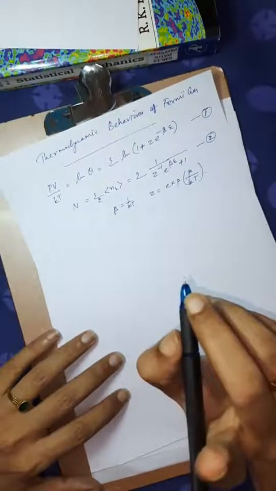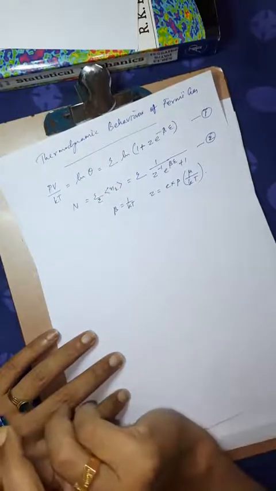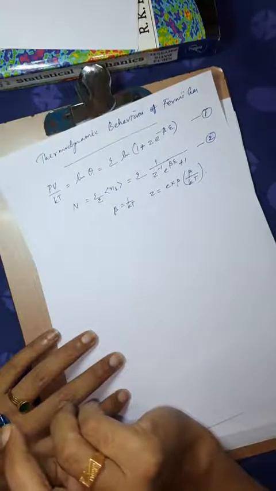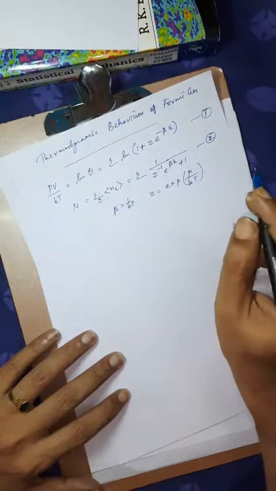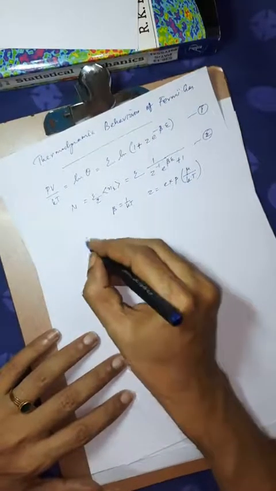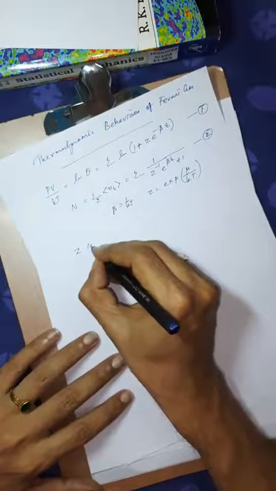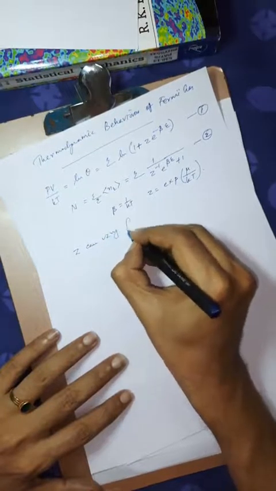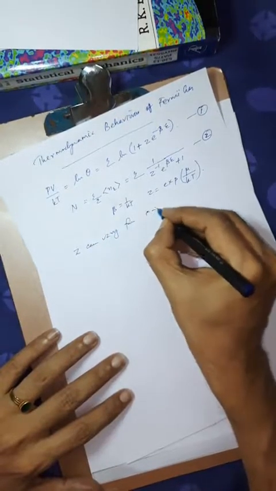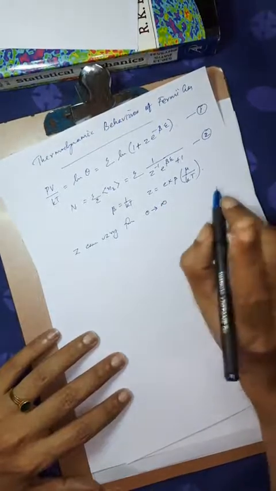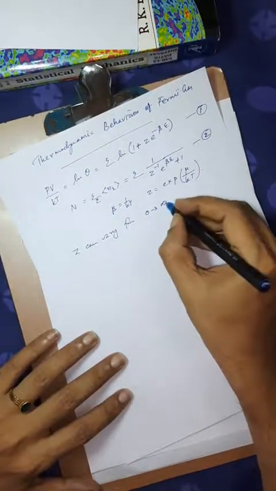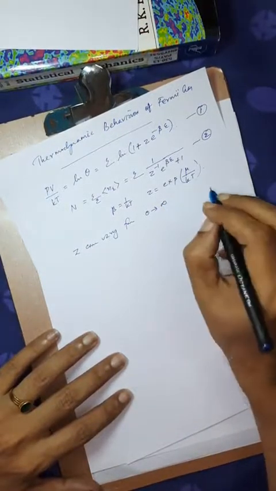In the case of Bose-Einstein, we had some limitation for the z values. Hope you remember that. But here we don't have any such limitations, and therefore z can vary from 0 to infinity. There it was from 0 to 1. Here it is from 0 to infinity.